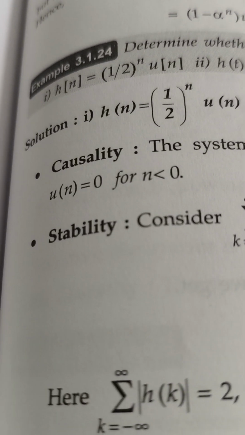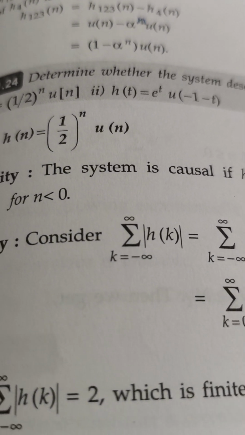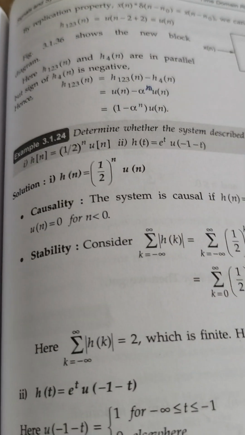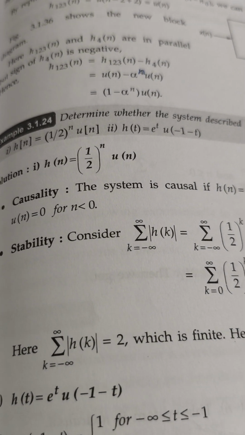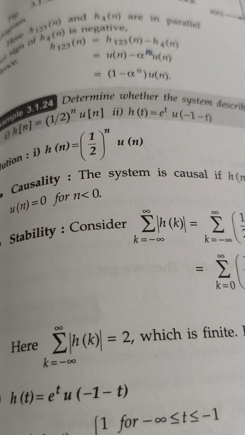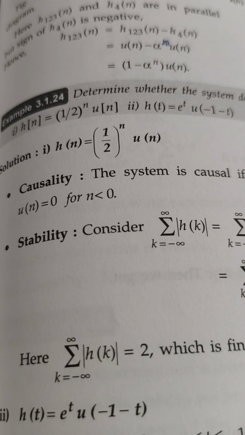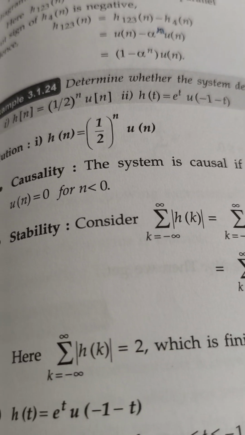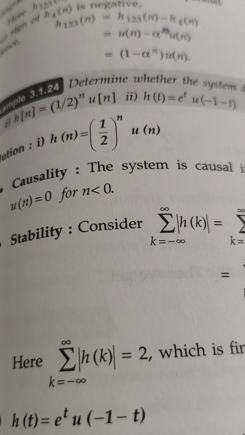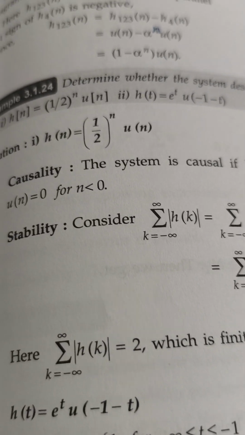It is the unit step function, h of t is u of t. Already, while discussing the various types of signals, we discussed u of t for continuous time and u of n for discrete time. The unit step exists only towards the positive axis of the time axis. Here n means number of samples, so many samples exist towards positive values of n.